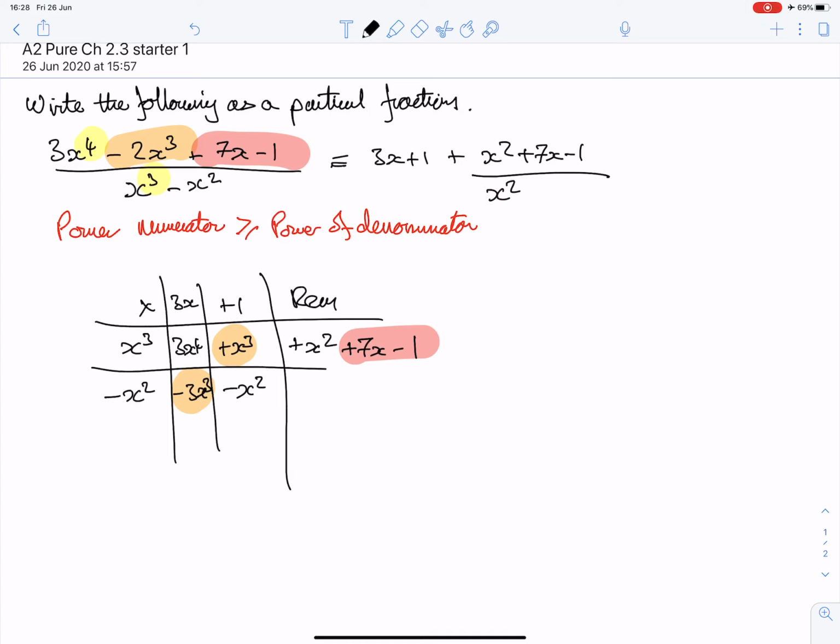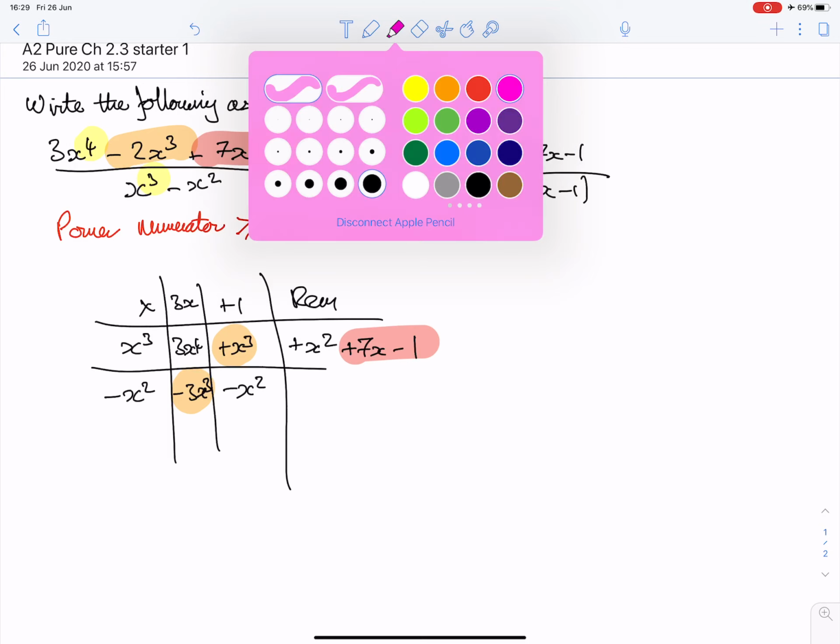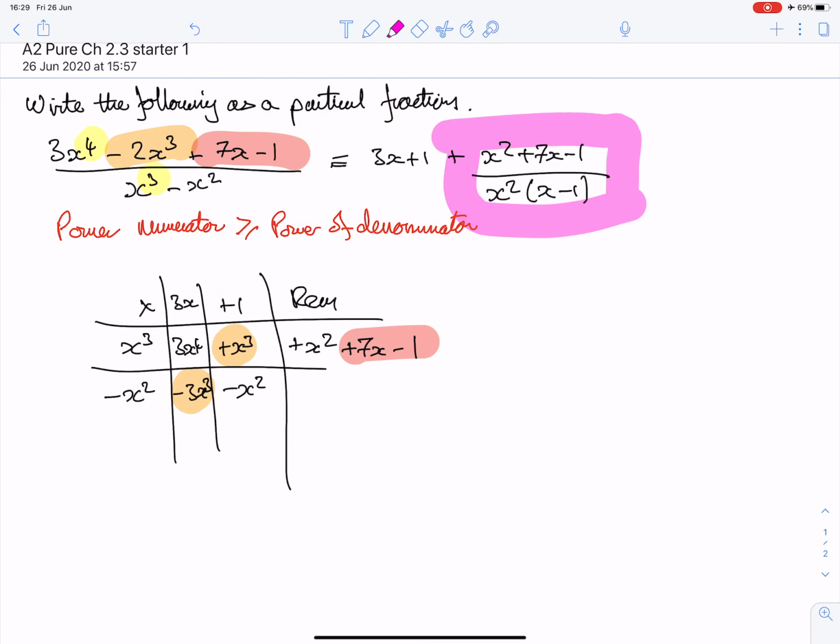We can take the x squared out as a factor, leaving x minus 1. We now need to write this part as a partial fraction.